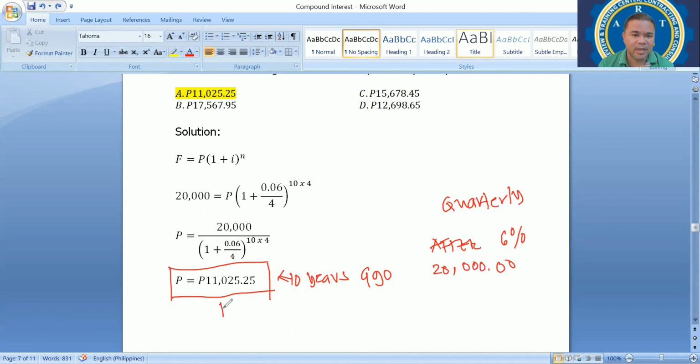So this is the P, this is the future. So what is this one? Meaning is the compound factor.